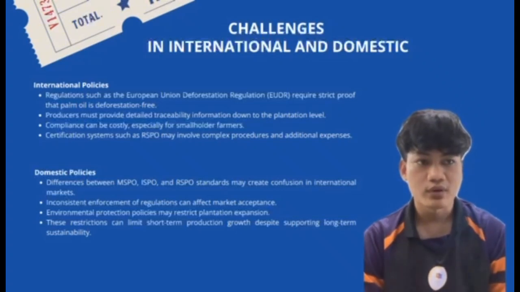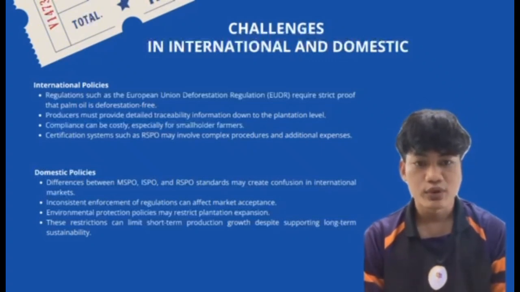Meeting this requirement often involves additional costs, advanced technology, and excessive documentation. Smallholder farmers may face difficulty complying with this regulation due to limited financial resources and technical expertise. Similarly, obtaining RSPO certification can be expensive and complex, making participation in international markets more challenging for smaller producers.